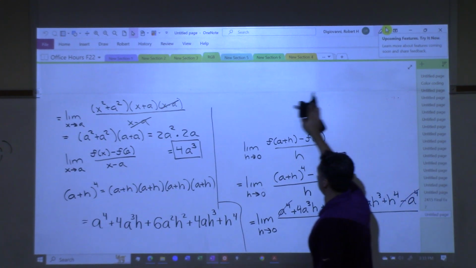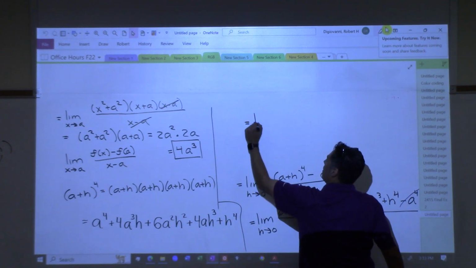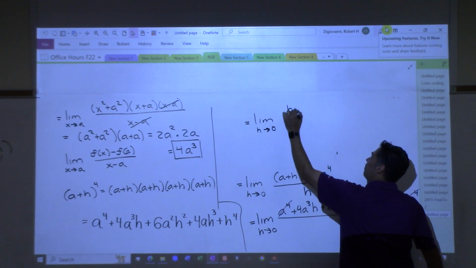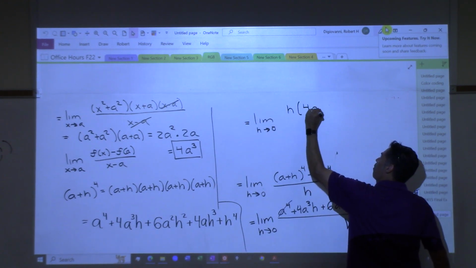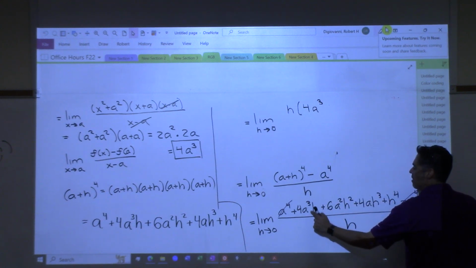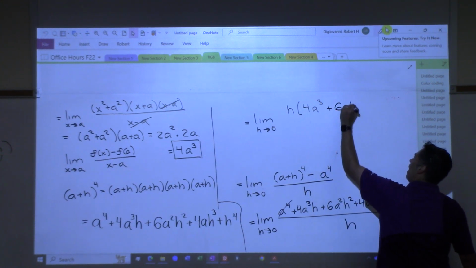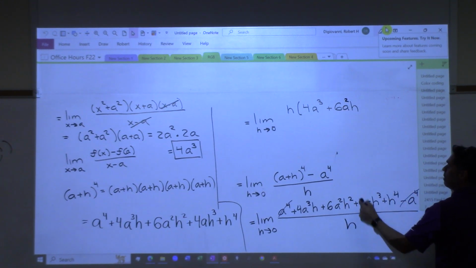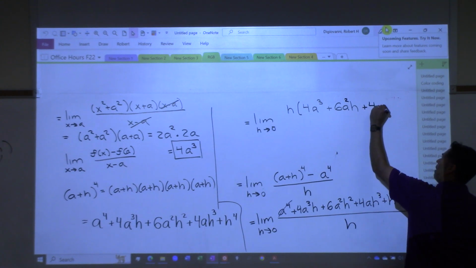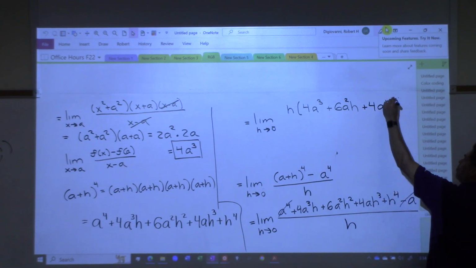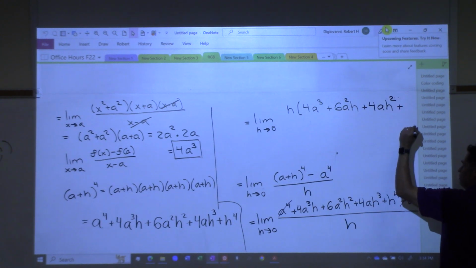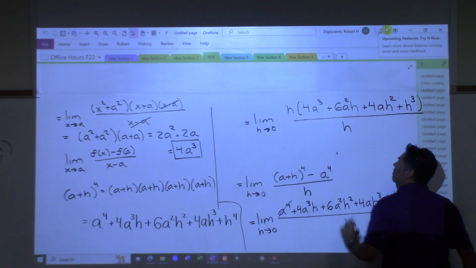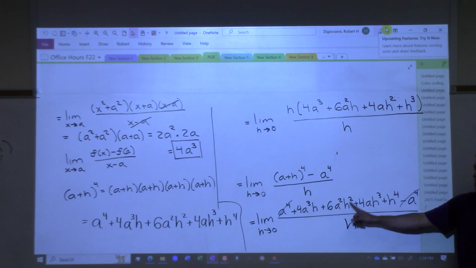The limit as h goes to 0: I pull an h out of the top, and I'm left with 4a cubed, plus 6a squared h, plus 4ah squared, plus h cubed, all over h. An h came out of each one of these.